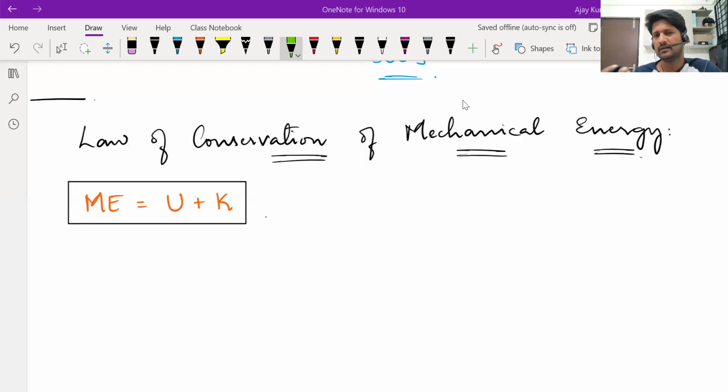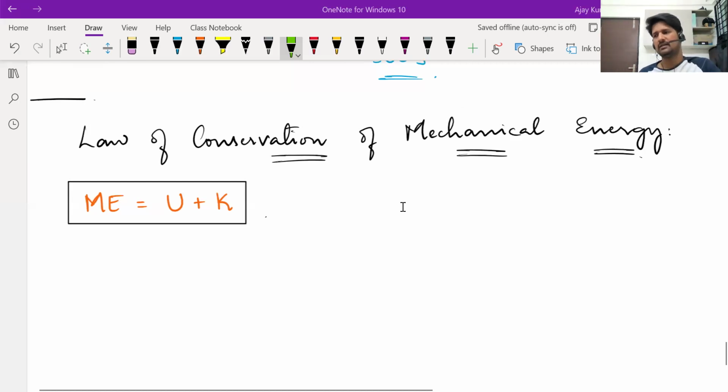Similarly, we have a law related to mechanical energy. Not exactly the same condition, but conservation of mechanical energy means under some conditions, the mechanical energy of a system won't change. That is what we will discuss here. Mechanical energy, as I said, is potential energy plus kinetic energy.